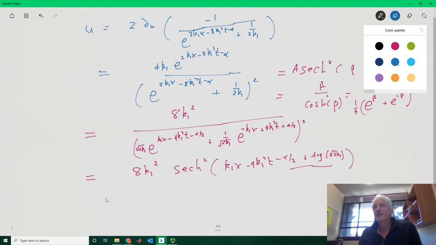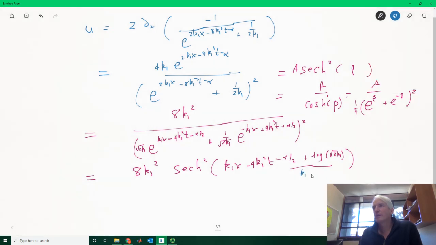It's so complicated. So you can see here that this is just a number, some constant, which we can call k1 minus k1 x naught. So this is equal to 8k1 cubed sec squared of k1 x minus x naught. It's just where it starts.